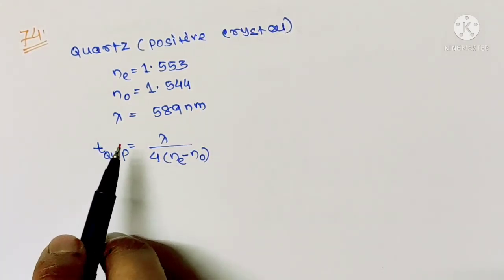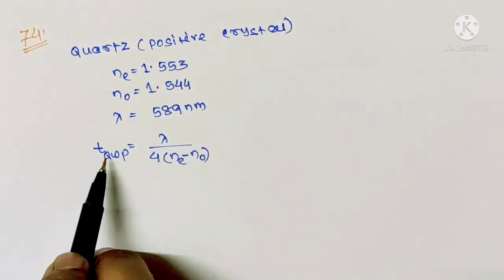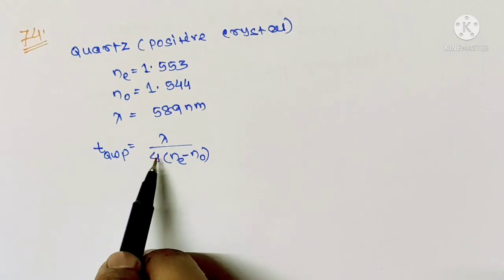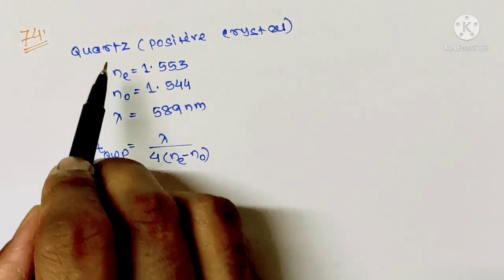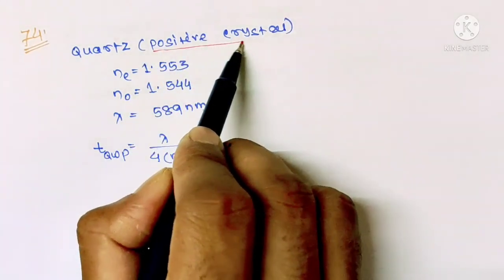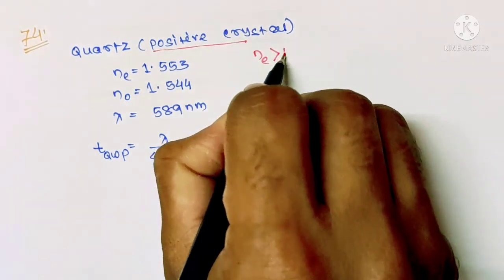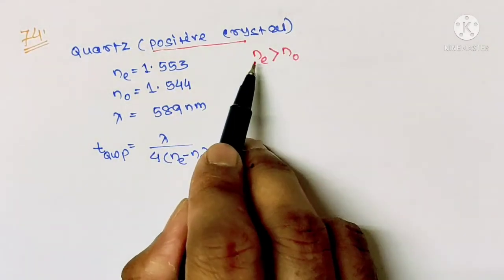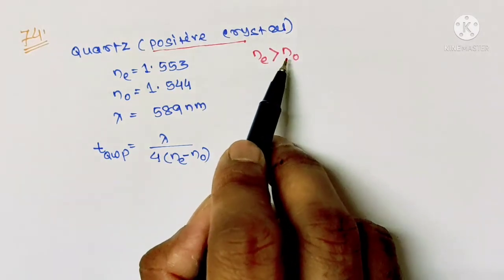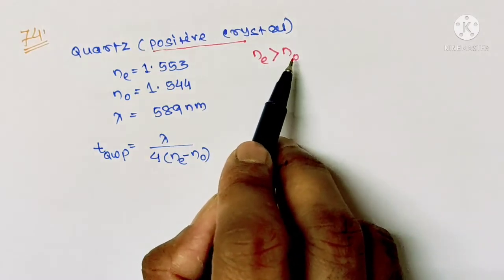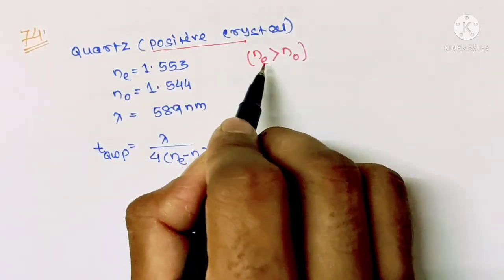We are given two refractive indices, and the formula for thickness is lambda by 4 times the difference of Ne and No. We know quartz is a positive crystal. So for a positive crystal, Ne is greater than No.